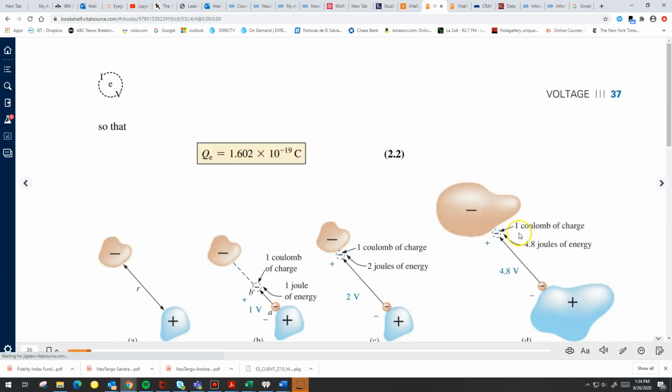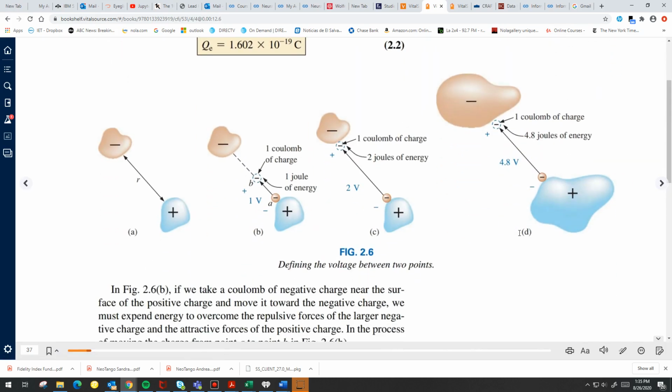You can see here in this example that if you have two charges, in this case a negatively charged segment and a positively charged segment, separated by a distance r, and we move this charge from point A to point B, and if it takes 1 joule of energy to move it, and the charge is that of 1 coulomb, then we say that it's going to take 1 volt to move it.